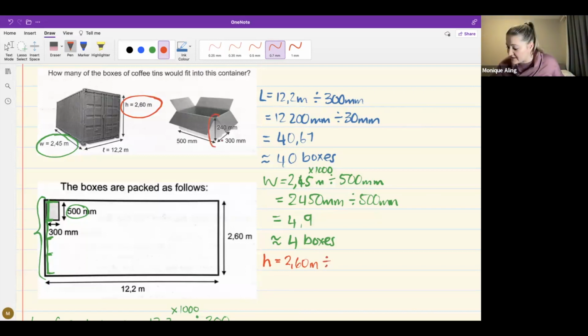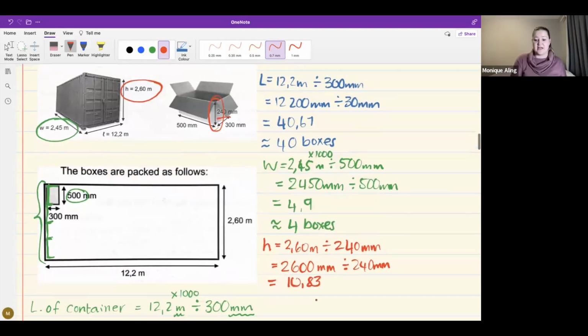If we look at the box, here is our height, which is 240. So I'm going to convert the meters to millimeters. Again, you could convert it the other way and make both dimensions meters, and that gives you 10,83 boxes, and we know to round down, so that is 10 boxes.